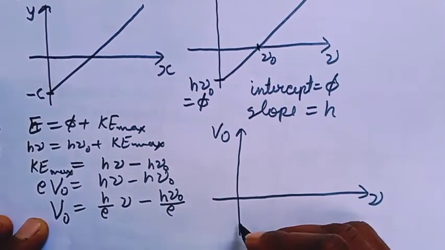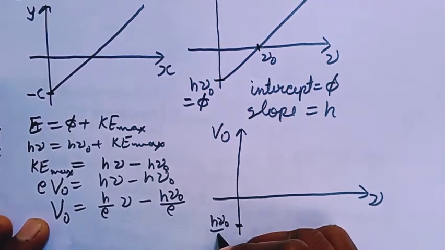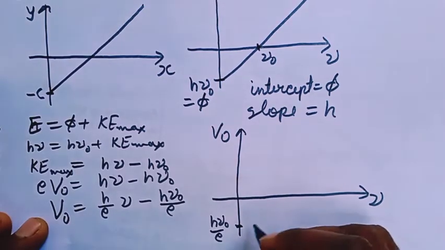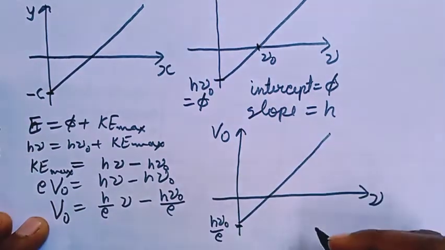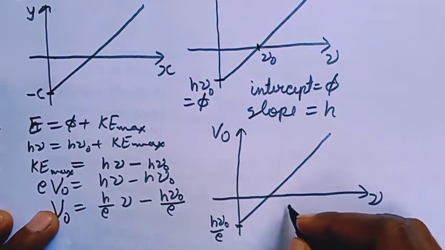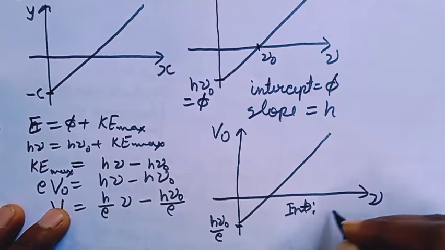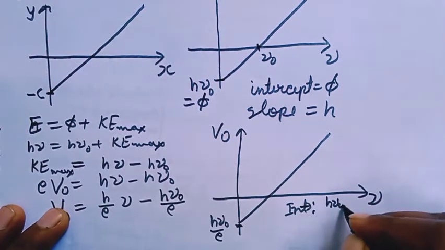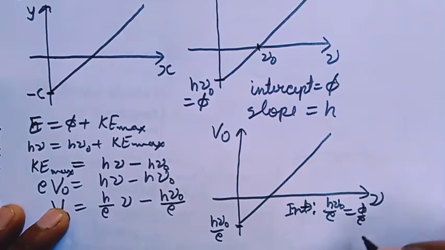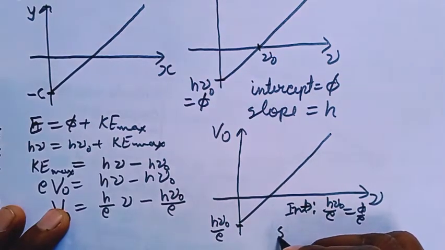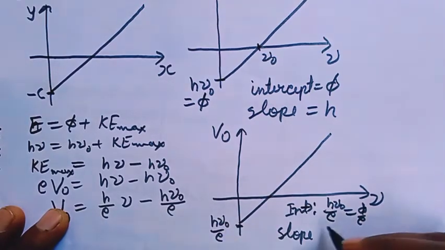Once again, the intercept will be h nu naught by e, that is phi by e, and its slope will give the value of h by e.